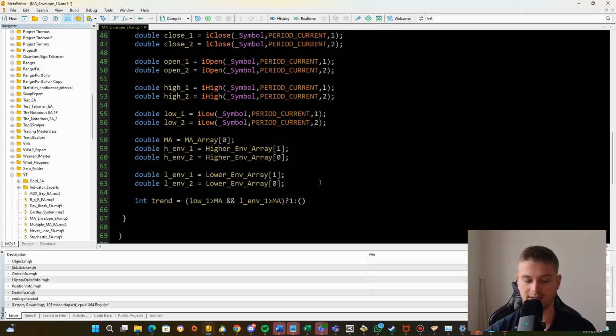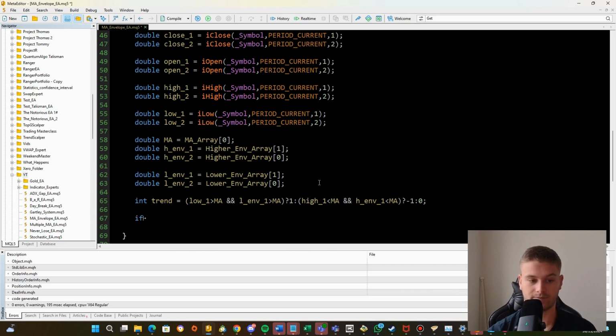If this is not the case, then we will check. So if high 1 is lower than moving average and H envelope 1 is lower than moving average, then the trend is negative 1, meaning downtrend. And if this is not the case, then it's safe to say that there's a sideways trend, which will be equal to 0. Perfect.